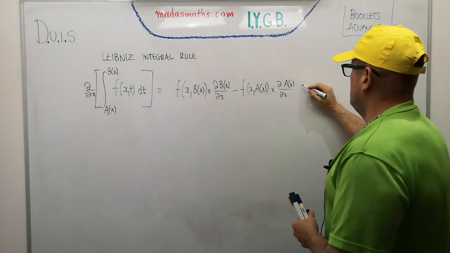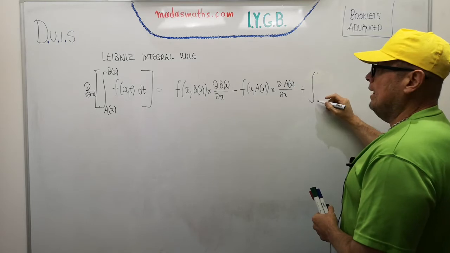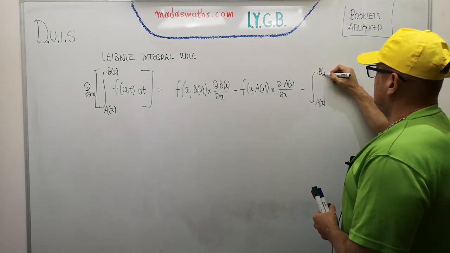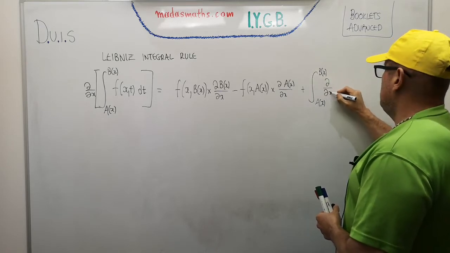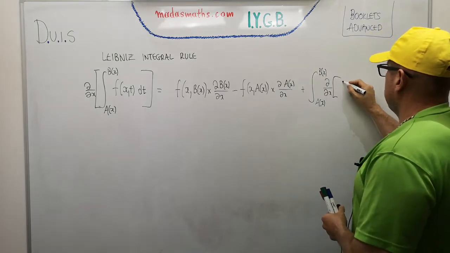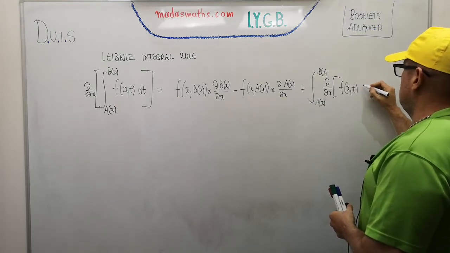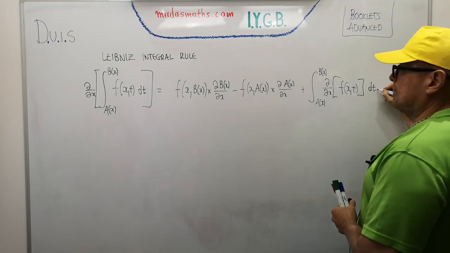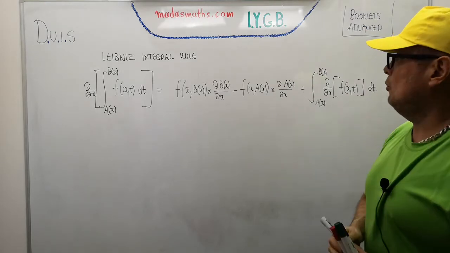Then we've got the final term, which is the one that is of interest to us: plus the integral from a of x to b of x of the partial d by dx of f of x, t, dt. So quite something, a total mess.